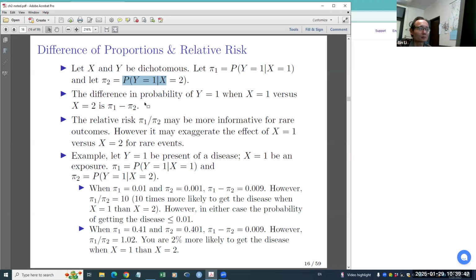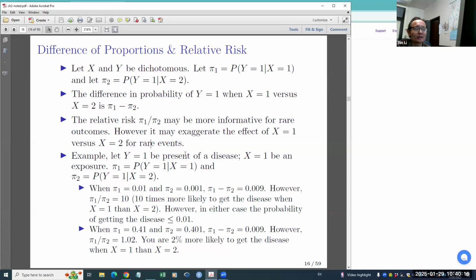How do we compare, right? We can compare them through the difference, right? So we can find pi1 minus pi2. So that's one way. Another way is, instead of using the difference, we use the ratio. That's called the relative risk. Okay, so relative risk is pi1 over pi2.